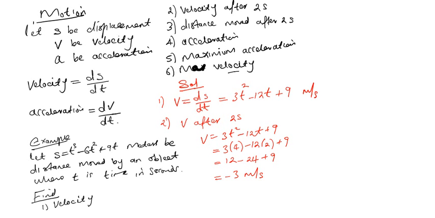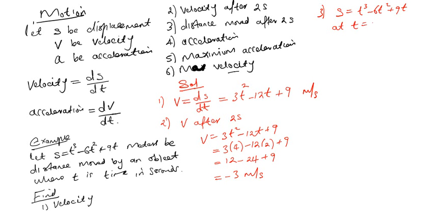3, we can compute distance moved after 2 seconds. So distance is s. So s is t power 3 minus 6t squared plus 9t. Now, the only thing that we need to do is to substitute at t equals 2.